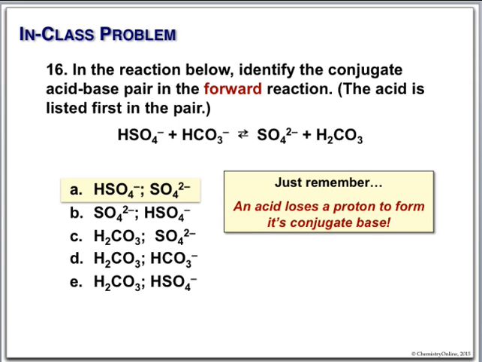Dihydrogen carbonate loses its proton in the reverse direction. But in the forward direction, hydrogen sulfate and sulfate. Any questions? They differ by a proton. That's what you need to remember. Yeah? So D would have been the reverse one? Yeah, that would be the reverse one.